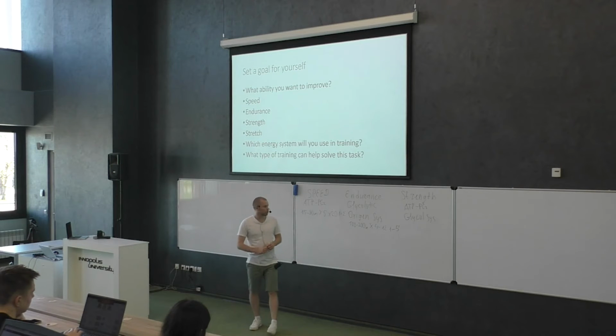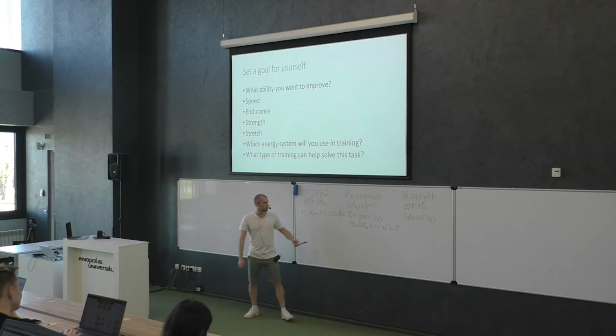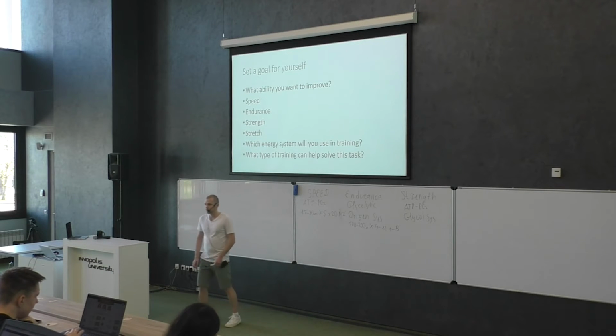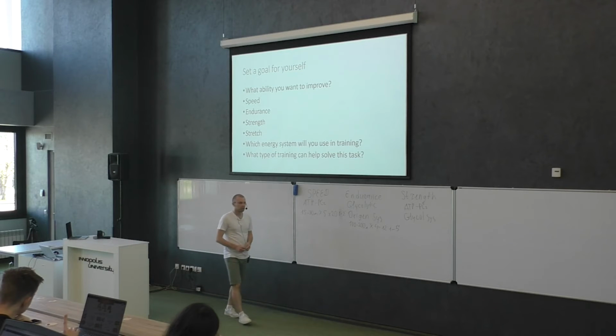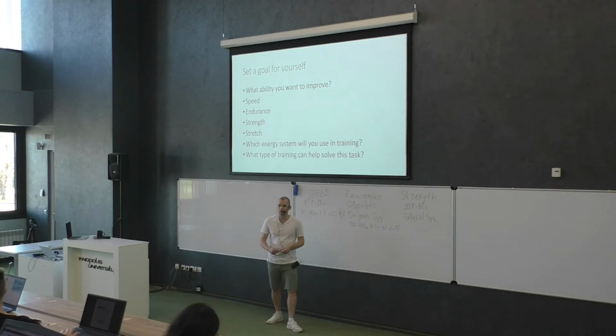In the beginning, you can run for 1 minute, or 30 seconds, to improve this oxygen system. If you can't run at all, you can run just for 15 seconds. You can make 5 steps, 10 steps in the first training.